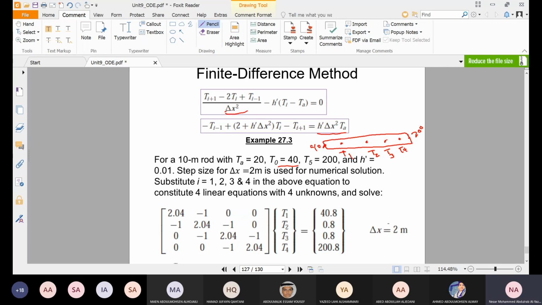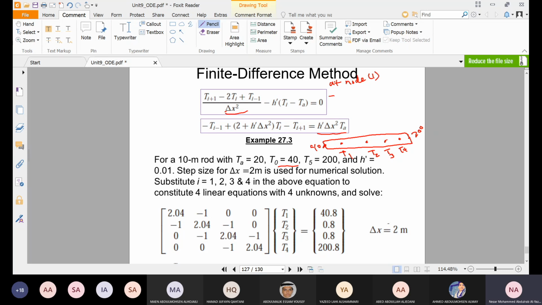Okay, so if we take iteration, for example for the first equation, if you talk about node 1 or T1, here i is equal to 1 because node 1. If we substitute in this equation, instead of i this will be 1.